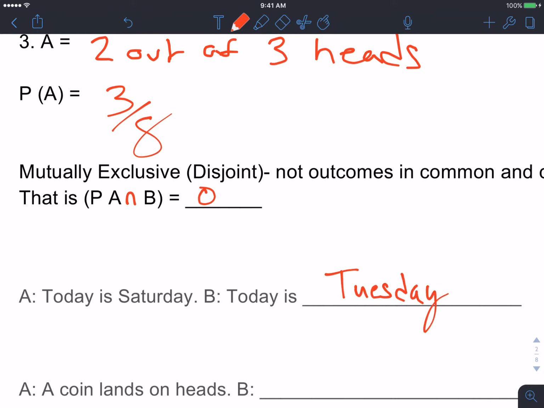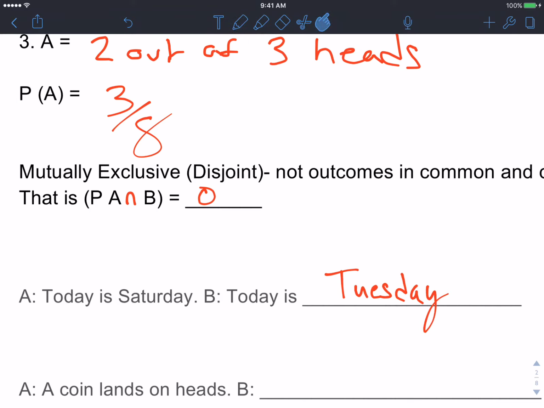Well, you can't have that. It can't be Saturday and Tuesday. Nowhere in the world are time zones that spread far apart. So those are disjoint, and there's no outcomes in common. So the probability of it being Saturday and Tuesday is 0.